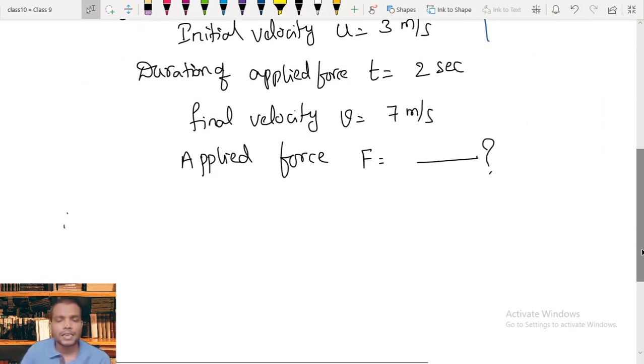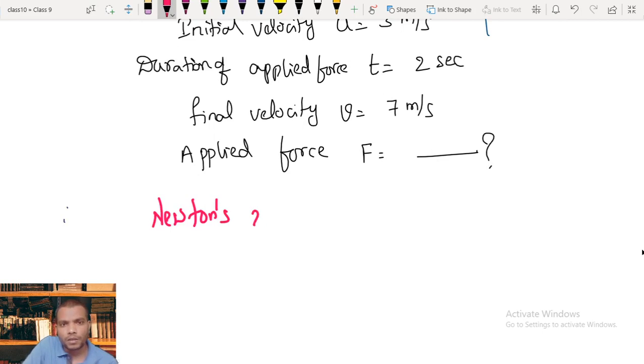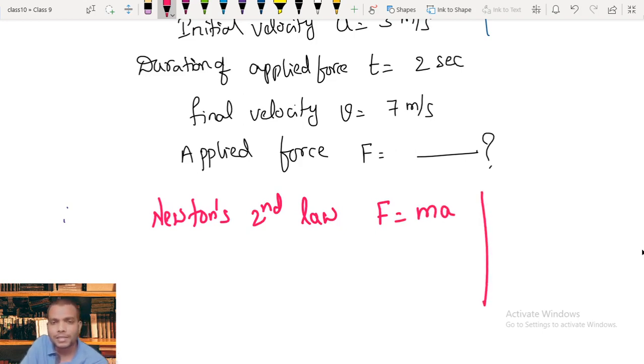From Newton's second law, we know that F equals ma. We know the mass, 5 kg, but I don't know the acceleration.